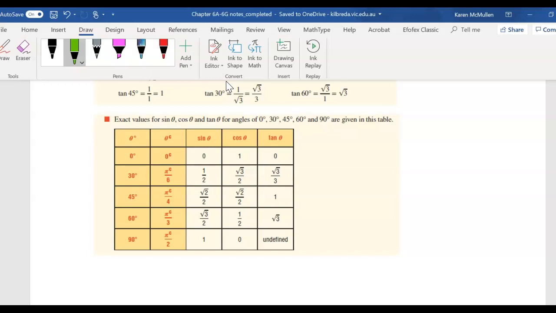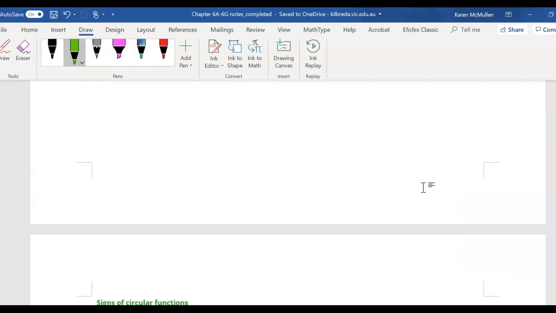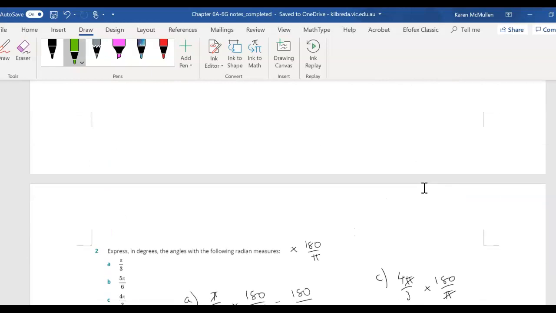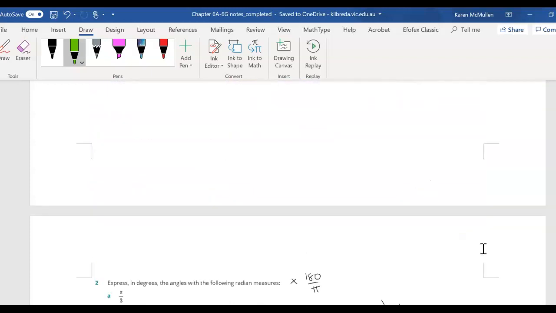If we were converting that, it would be pi times... actually, I can't remember how to convert. My brain has gone blank. So you can just use this conversion up here, back in 9a. If we're going from degrees to radians, multiply by pi on 180.